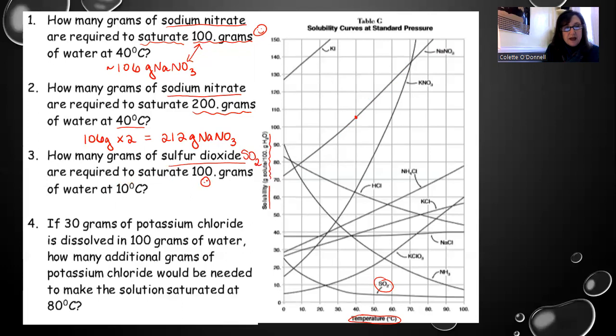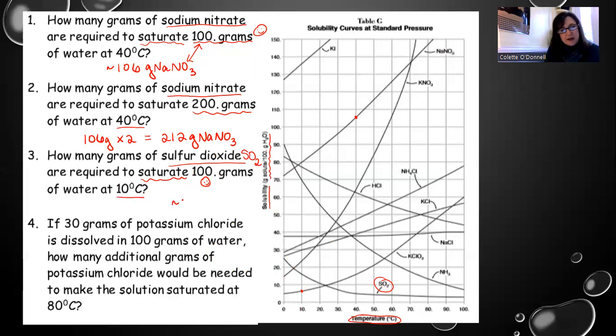Oh, that makes me happy because I can just read the graph at 10 degrees Celsius this time. Okay, so I come down here to my 10 and I come on up to my graph and I'm asking for the saturated amount. So I'm simply going to read that graph. And here's where, again, a little wiggle room. Looks like it's a little bit more above half.